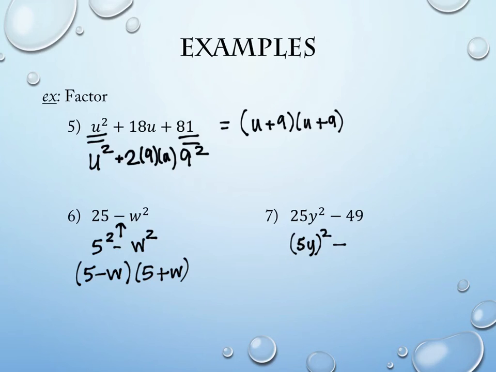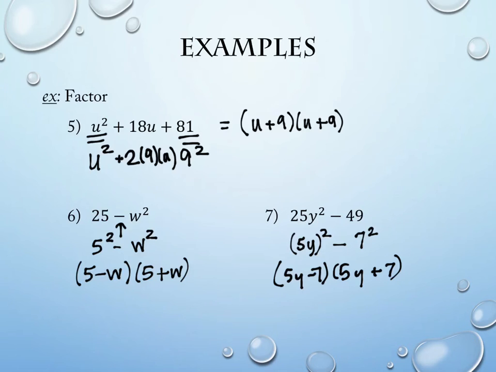What's being squared to get 49? 7. So this is 5y minus 7, 5y plus 7. Differences of squares are very friendly. Very quick. Because what you're really doing with them is kind of like trial and error, because you've noticed that they have this very special relationship.